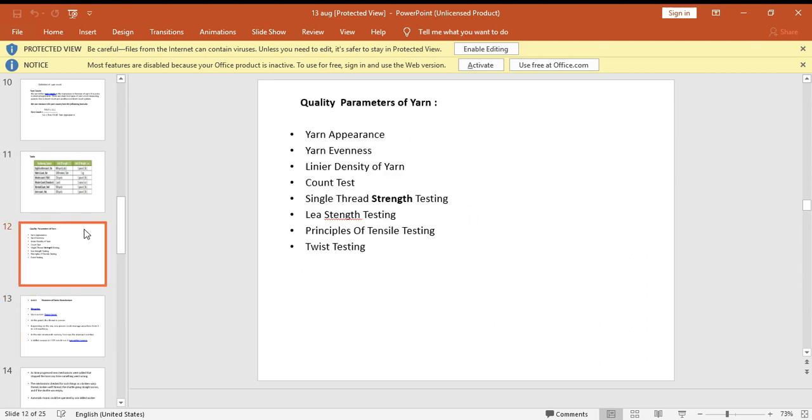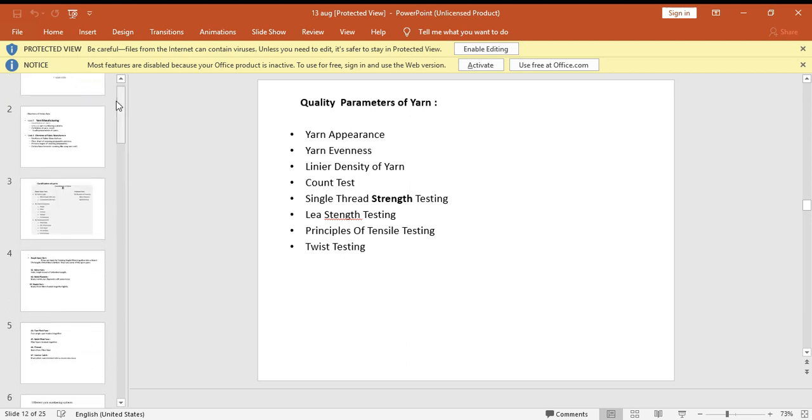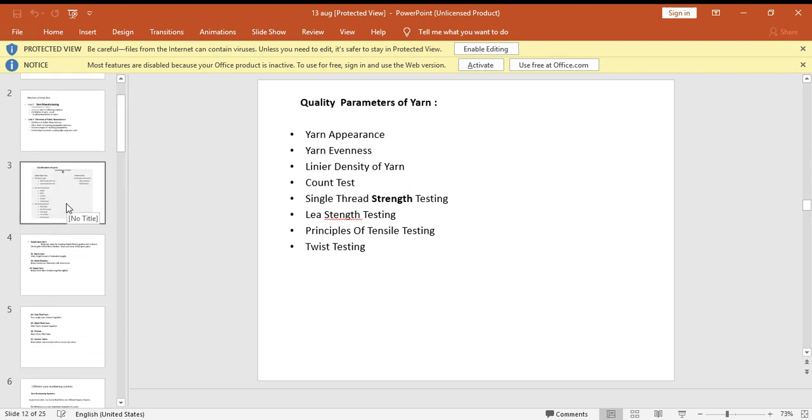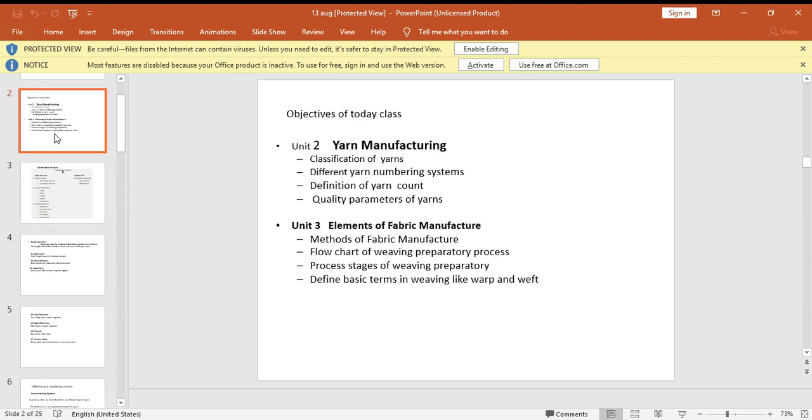So far in the second unit, yarn manufacturing, we learned how the yarn is obtained and what the process stages are, and we learned the basic terms in spinning.